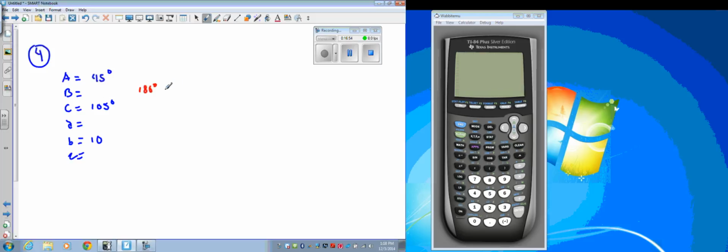And then I would subtract the sum of 105 plus 45, the sum of the other two. And so that would mean that this angle would be calculated to be 30, if I've done it right. So this you would calculate as 30 degrees.